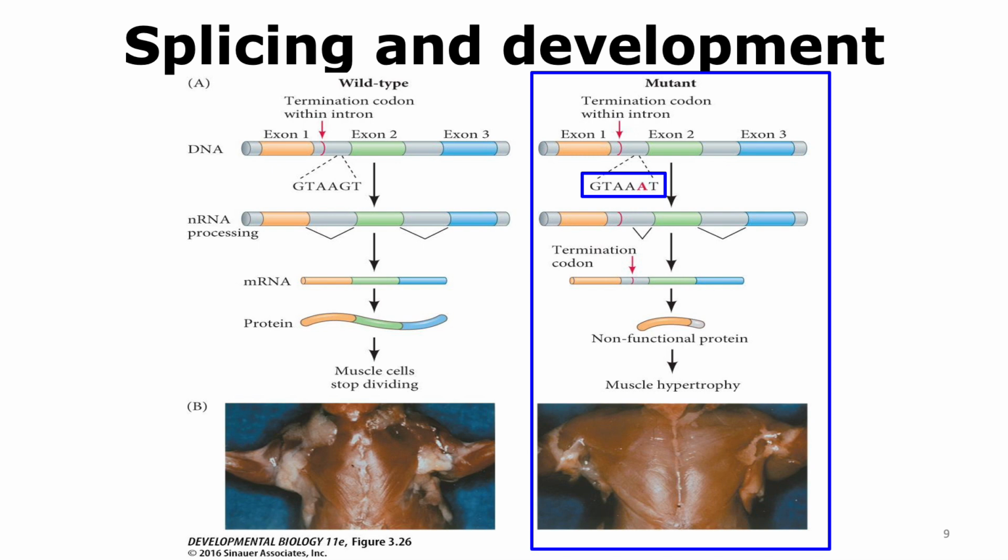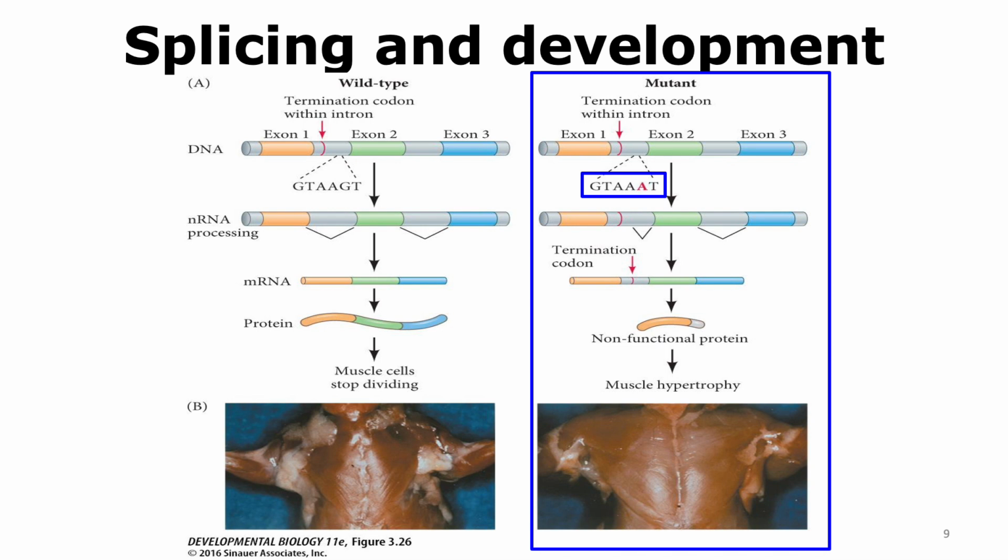So in this case, when you look at the DNA, that sequence that's present in the intron, the GTAAGT, it gets mutated to a GTAAAT. And the presence of that extra A actually results in a splice site being generated.